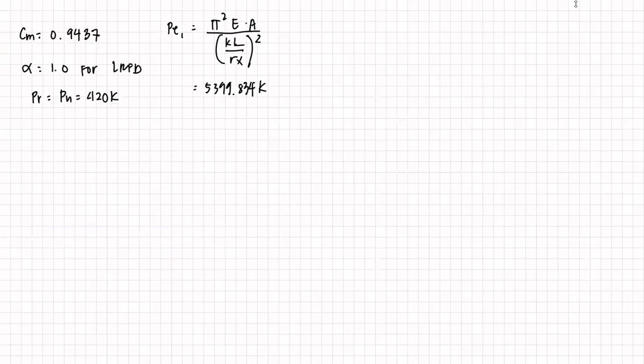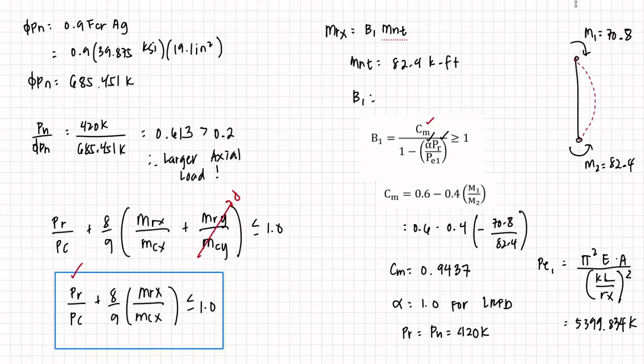So, we have now B1 equals to Cm all over 1 minus alpha PR over PE1, should be greater than 1.